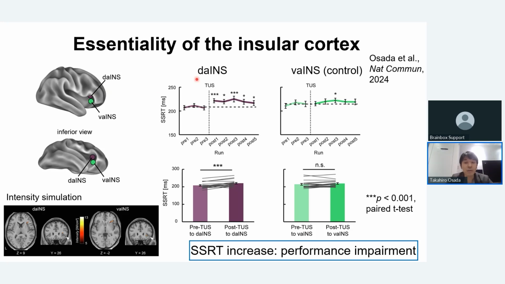As a control, ventral anterior insula, VA-ins, was also stimulated. This region was activated during the task, but was not connected with the VPIFC. After TUS to the DA-ins, an increase in SSRT was observed, indicating impaired stopping performance. In contrast, TUS to the VA-ins did not disrupt the performance.